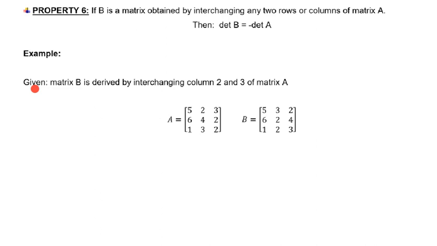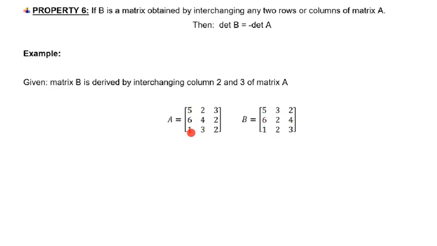So given matrix A and another matrix B. So matrix B is derived by interchanging the column 2 and column 3 of matrix A. So yung column 2 and column 3 ng matrix A, pinag-interchange niya lang, yan yung matrix B.